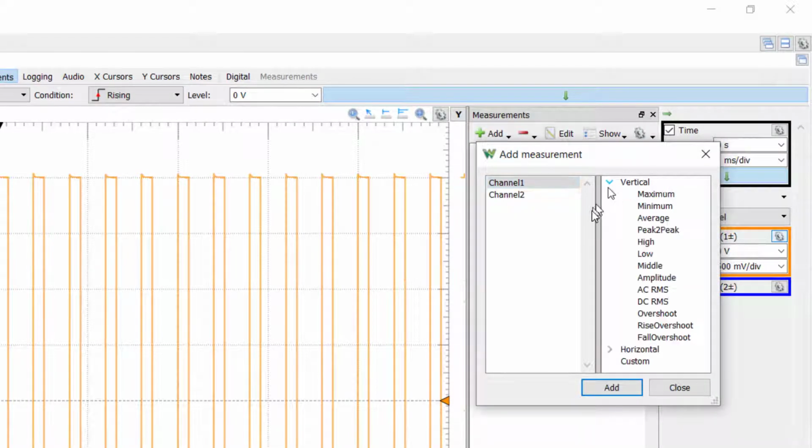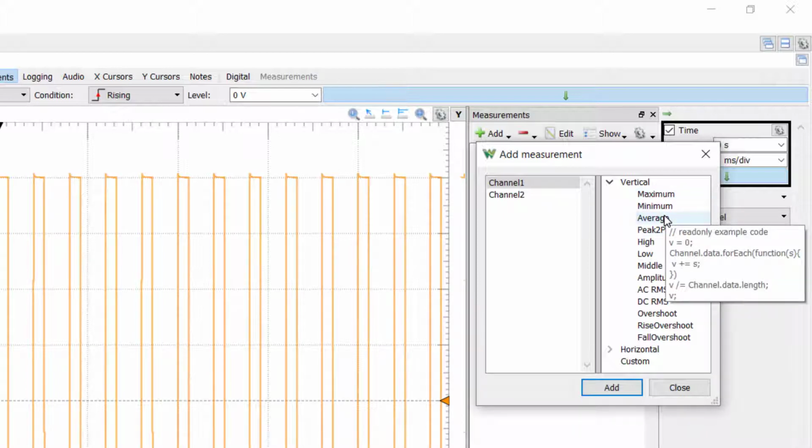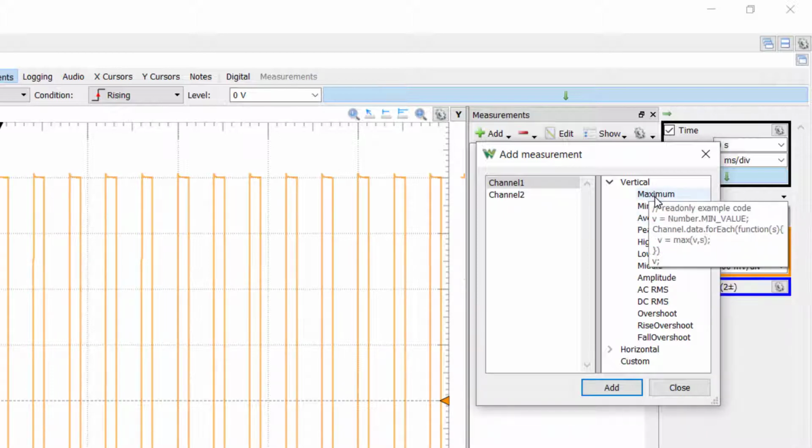Let's look at the vertical ones first. What do we want to describe? Again, there is a min and max versus average. The average is not the same as the DC offset. We'll take the max and the min. If there was overshoot, that would include the overshoot. We'll take the average, and that's going to be the DC average.